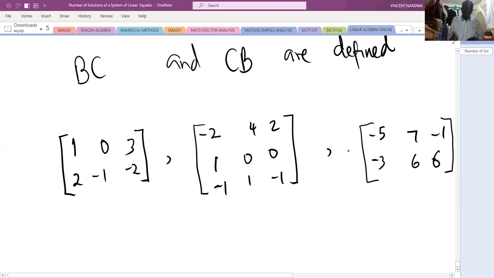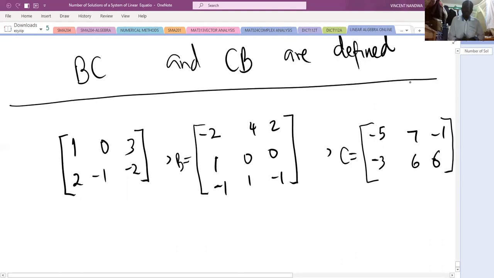Assuming I call this one C, I call this one B, I call this one A.